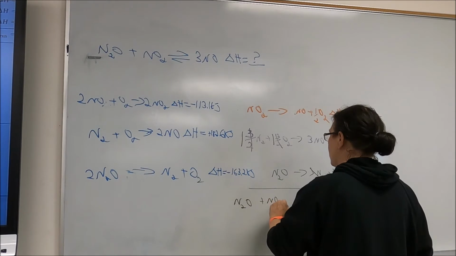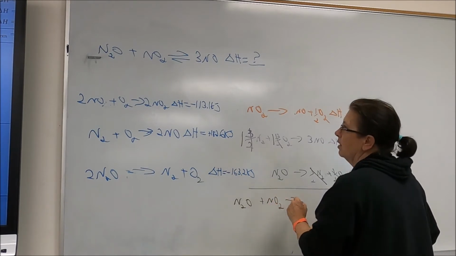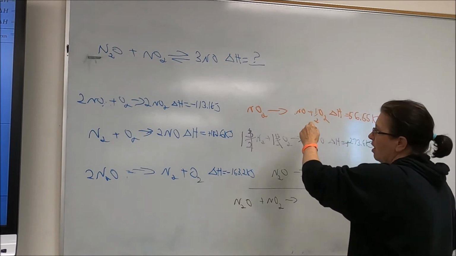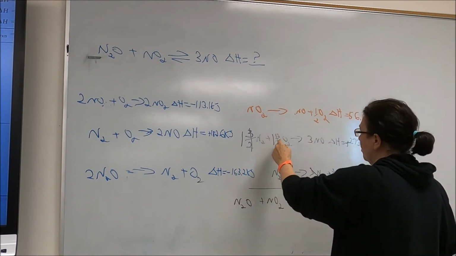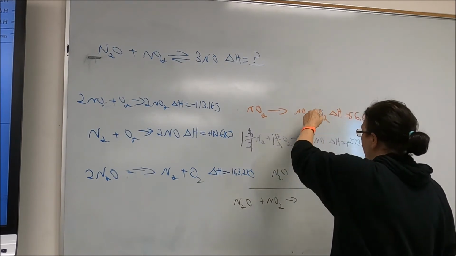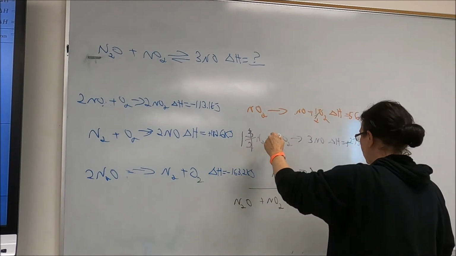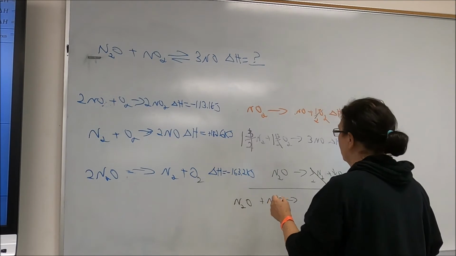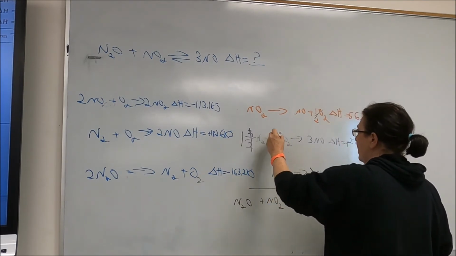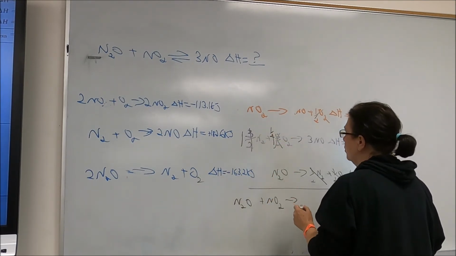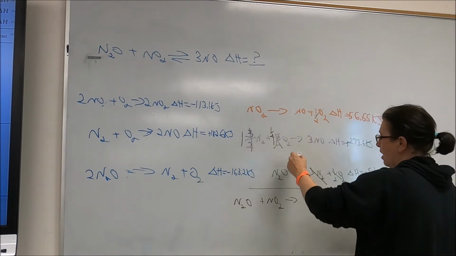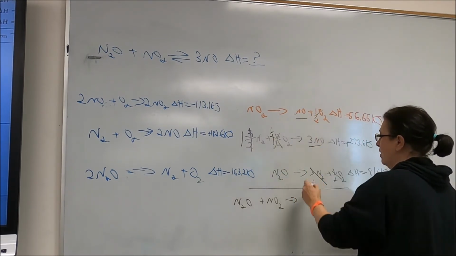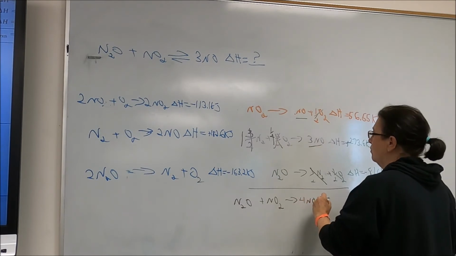I've got an NO2 there. I've got a half an oxygen there. So 1/2, 1/2, that takes it down to 1/2 an O2. I've got 3 NOs here and an NO there. I've got 4 NOs.